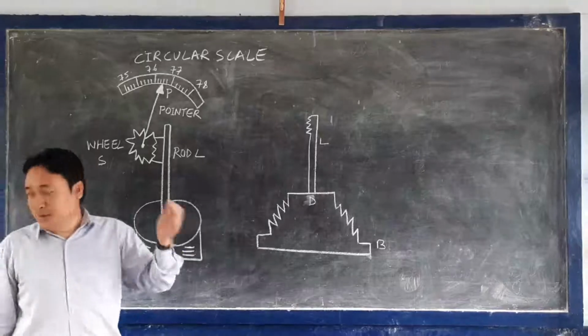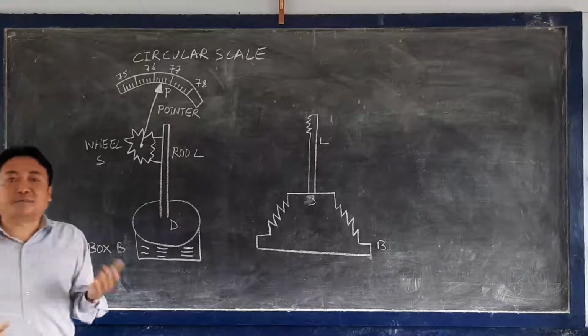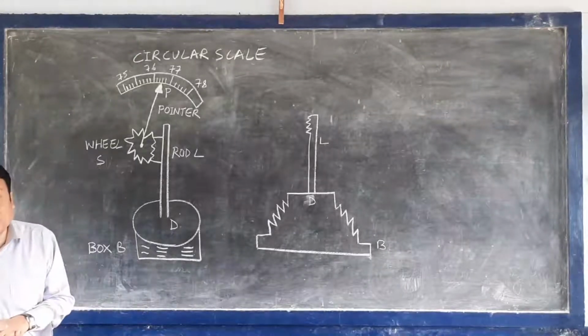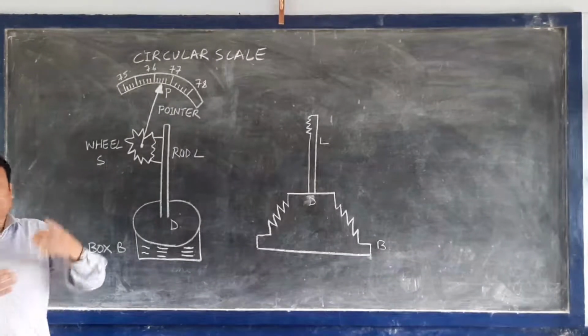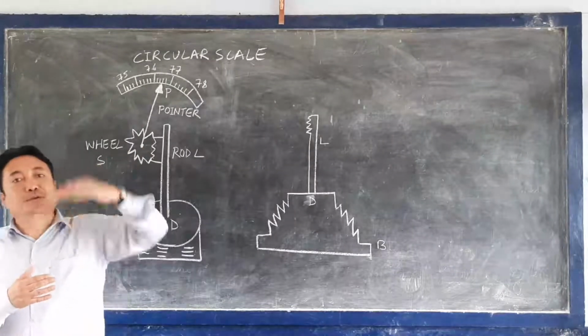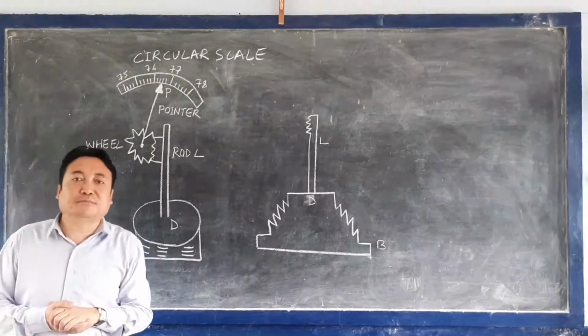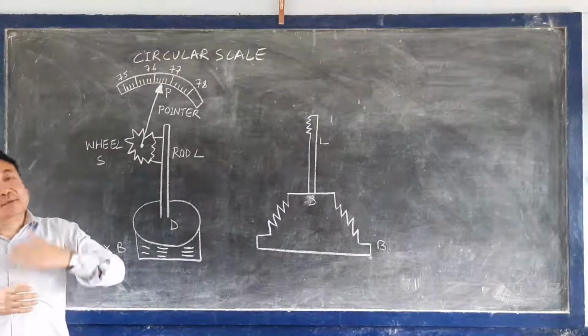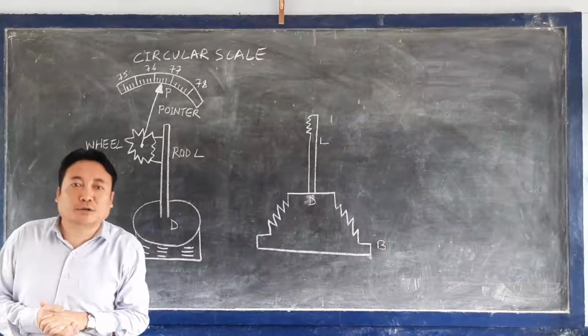Now the next point is the variation of atmospheric pressure with altitude. As you know, when you increase the height, when you go to a higher altitude, the atmospheric pressure decreases. Why does the atmospheric pressure decrease? Because at a high altitude the air column is less.